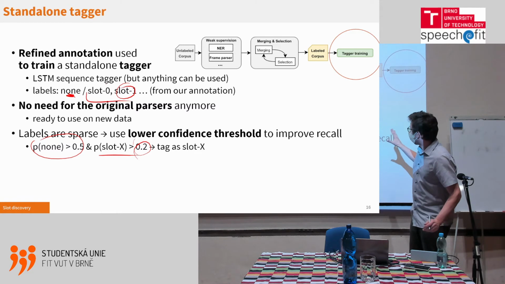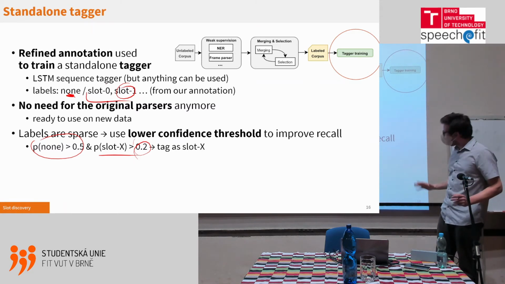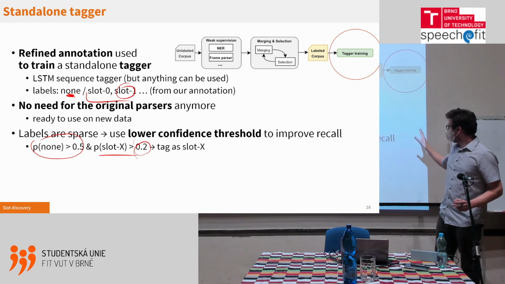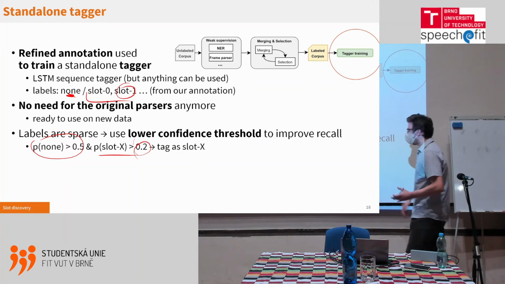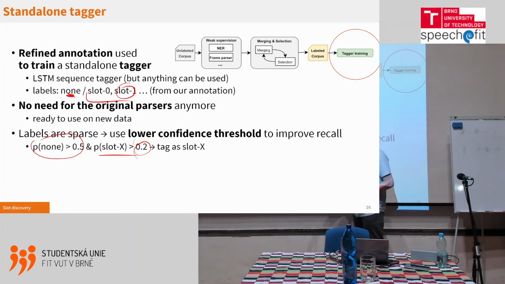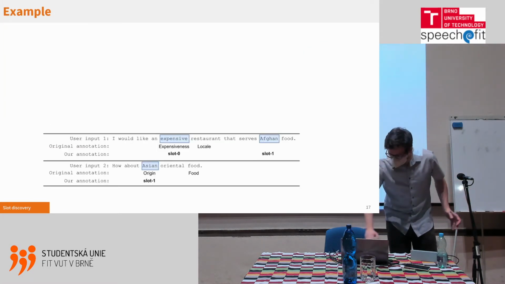This improves recall. It lowers precision, but very slightly. And we found that this works better in practice. So it's able to generalize a bit more, and it is able to annotate even stuff that wasn't annotated in the first place.